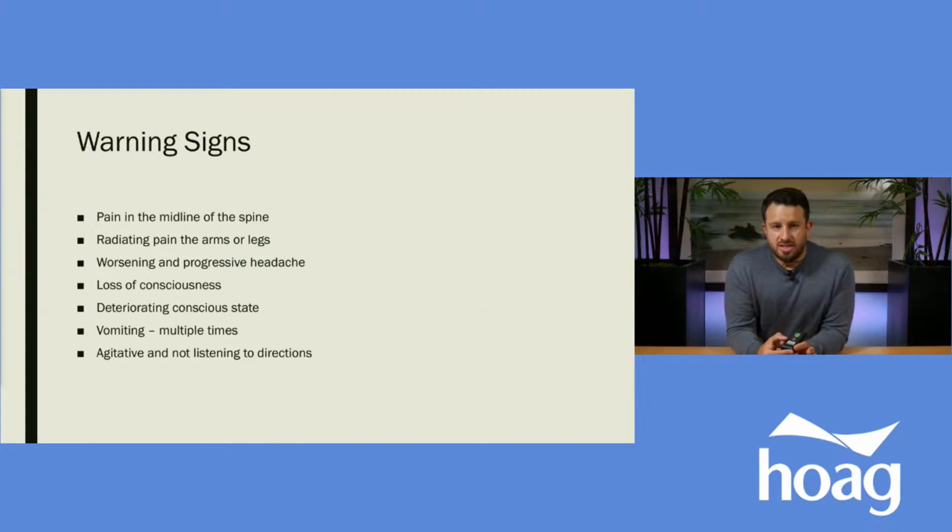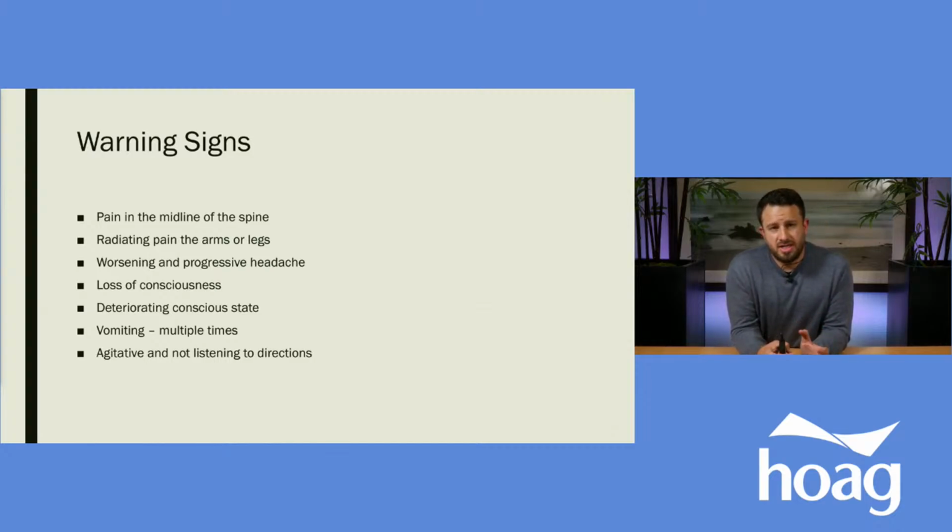This one's a little bit nuanced: worsening or progressive headache. So a lot of kids, again, are going to have headaches or head pressure with concussion, but if the headache continues to escalate, and sometimes they'll say the worst headache of their life, that would be a reason to get them checked out in an emergency room situation. Loss of consciousness.